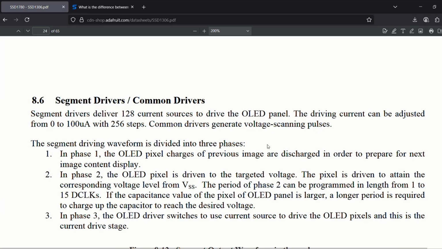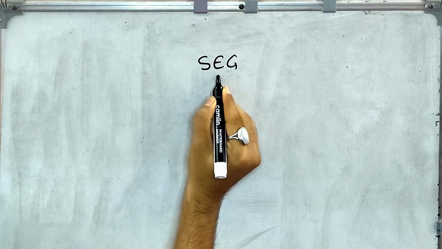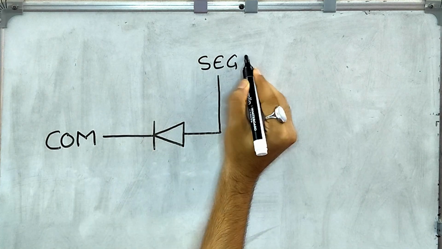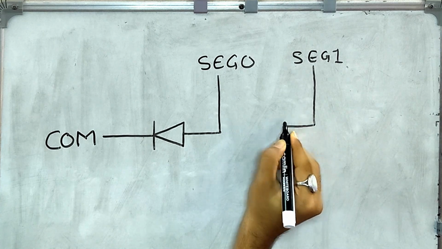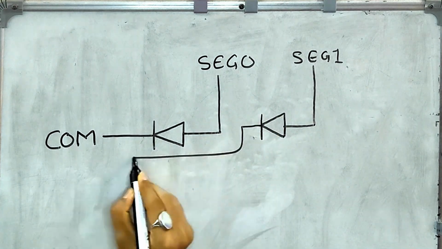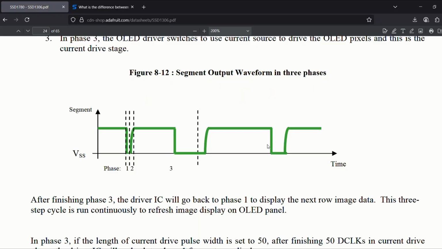Then we have the segment and common drivers. Basically, there are 128 columns or segments, and each of them has its own current source that drives the LED pixels for any given row out of the 64 commons. The segment current can be adjusted up to 100 microamps depending on the brightness and contrast settings.